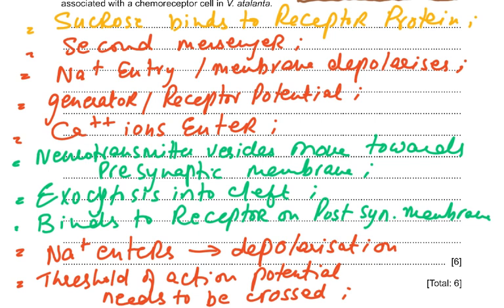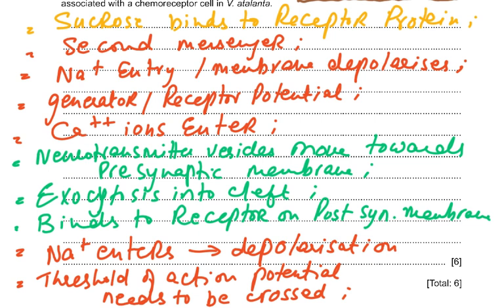Sucrose binds to receptor protein, second messenger, sodium entry, depolarizes, generator potential achieved, calcium ions enter, neurotransmitter vesicles move towards the presynaptic membrane, exocytosis into the cleft, binds to receptor on the postsynaptic membrane, sodium ions enter, causes depolarization, and this is only possible if the threshold of the action potential is crossed, and that will result in an action potential, otherwise no action potential will be fired.